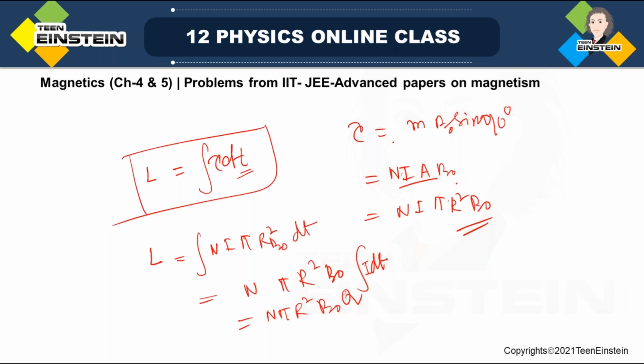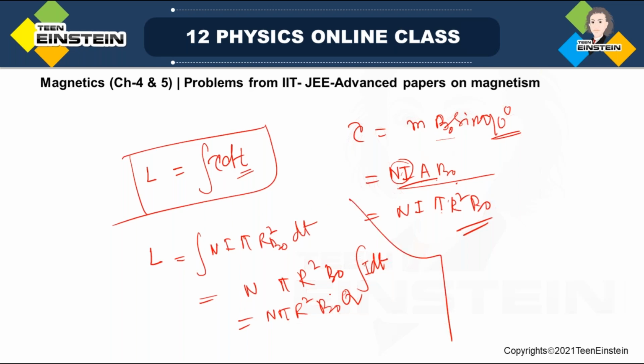Tau is the torque on the coil. We know m cross b, or mb sine 90 degree in this case. So here we get N I A B. NI is the total current, and this is the area. Area can be written as pi r square, and I, so this is the total thing, and b0.